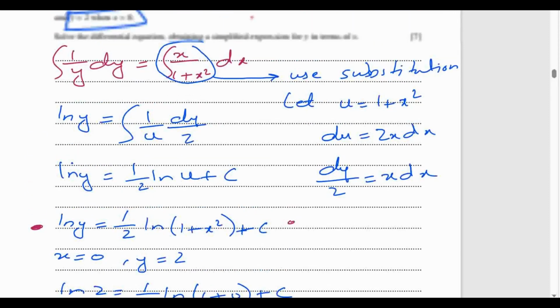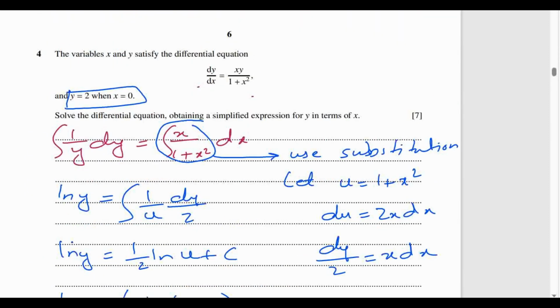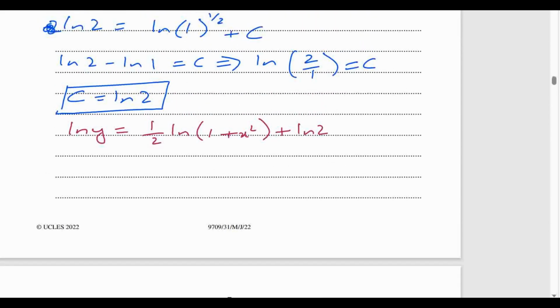Here the question was solve the differential equation and simplify y in terms of x. ये 7 marks का question है. So what we can do next step is कि अब हम इसको दोबारा log की प्रॉपर्टीज को यूज करेंगे, एंड सबसे पहले तो हम पावर रूल को यूज करें. So this will be natural log of y is equals to natural log of 1 plus x square whole power 1 by 2 plus natural log of 2.